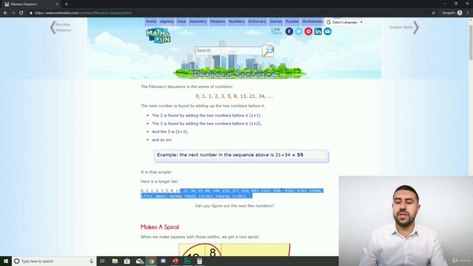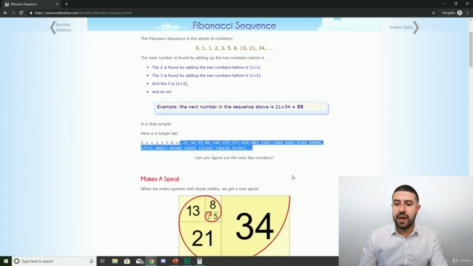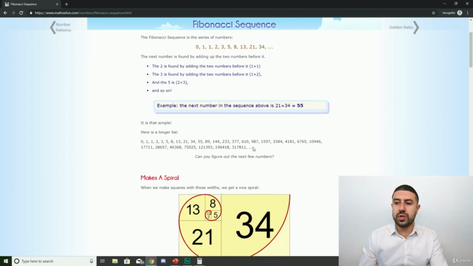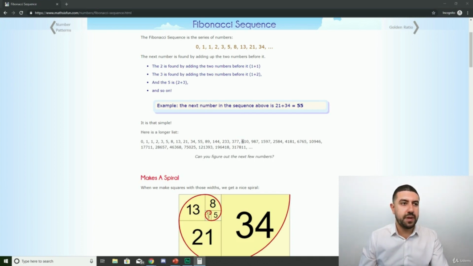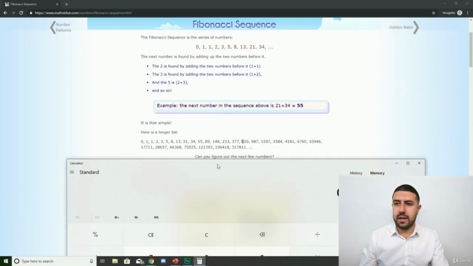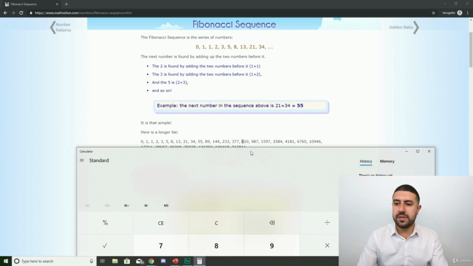Now, one really nice thing that we get out of the sequence is some ratios. The ratios that you can get are basically when you divide one of the numbers by the next number. So I'll pull up a calculator here, and I'll go 610 divided by 987. It gives me 0.618.